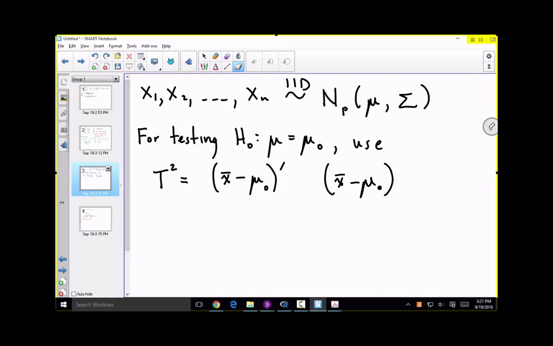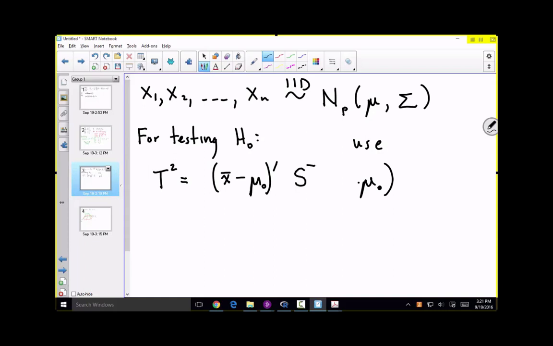So in this case, I'm going to put my estimate of sigma inverse right here, and here's my n. That's the t-squared statistic: the statistical distance between x bar and the hypothesized mean.